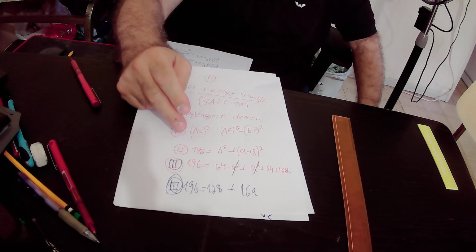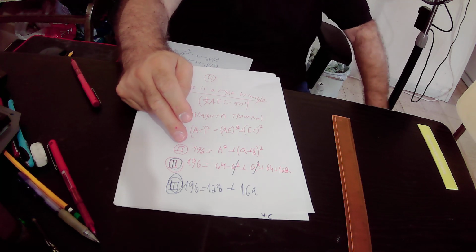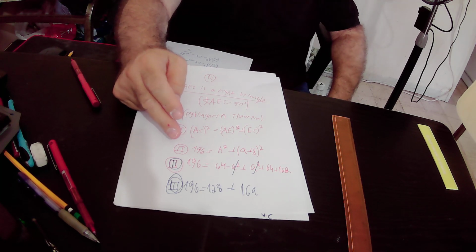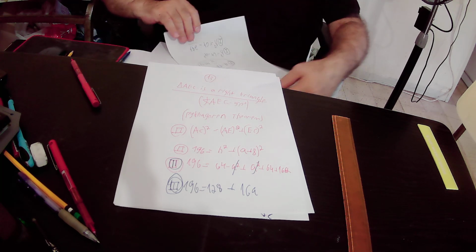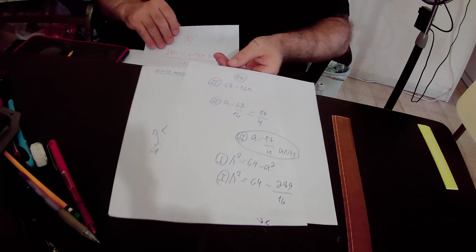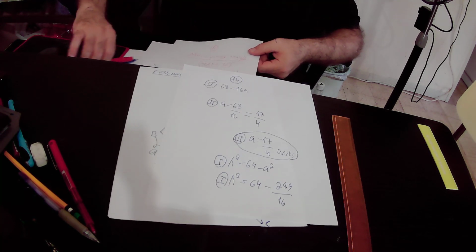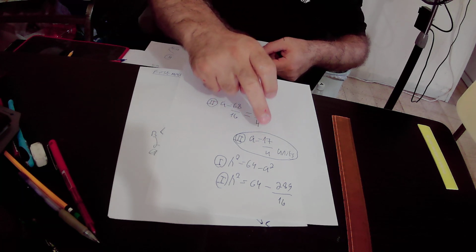So here we are left with only one variable, that is a. We solved this equation and found that a equals 17 over 4 units.